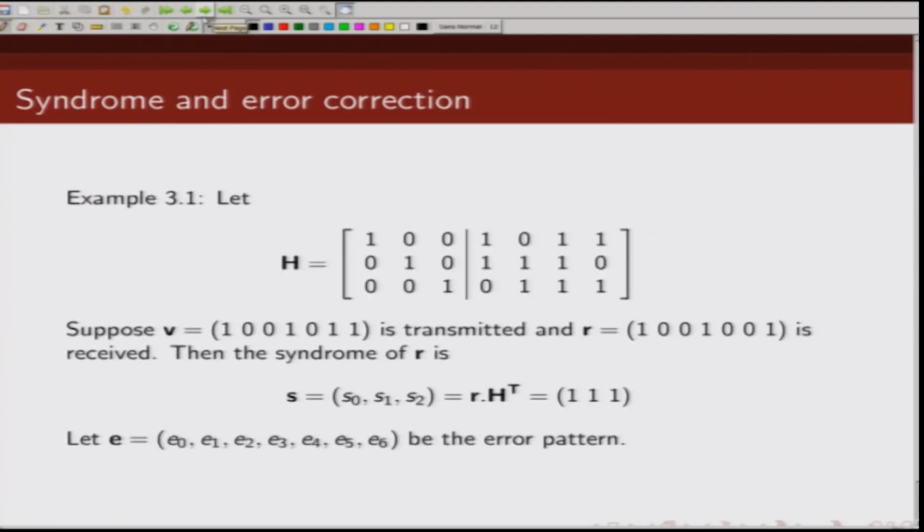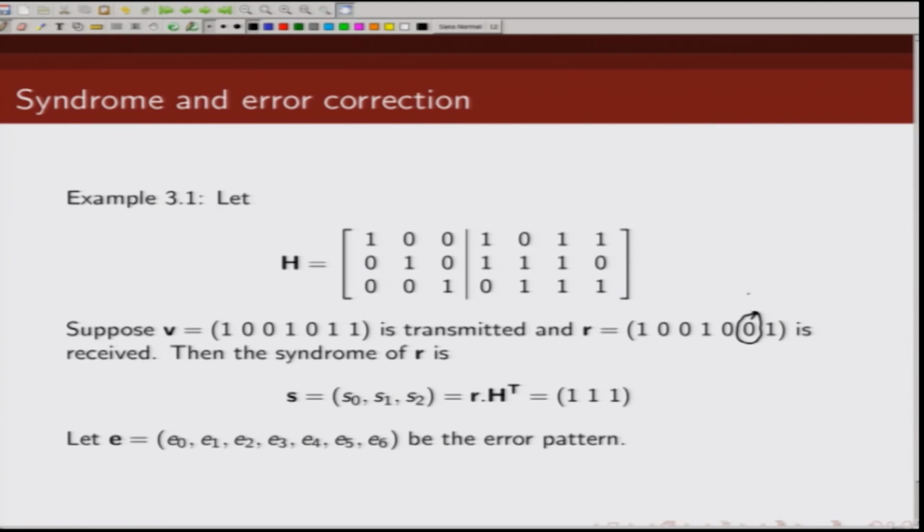Let us take an example now. We have a 7-4 code whose parity check matrix is given by this, and our transmitted code word is this and the received code word is this. We can see that there is an error in this location. This was transmitted as 1 and received as 0.